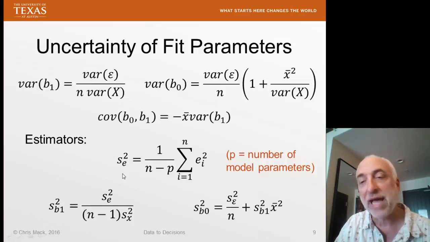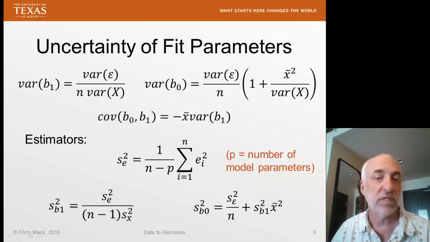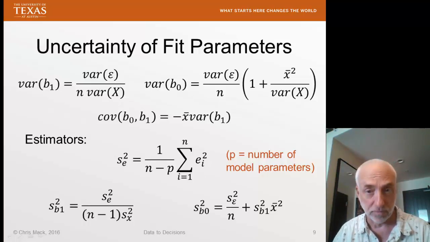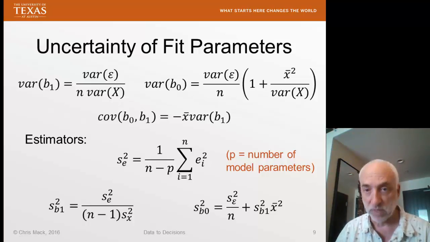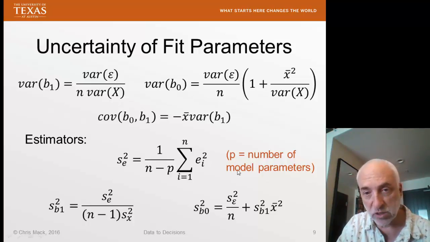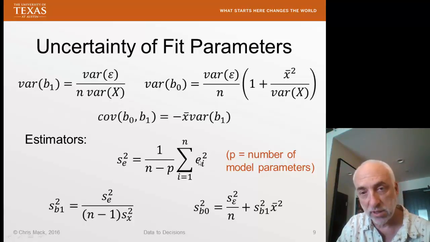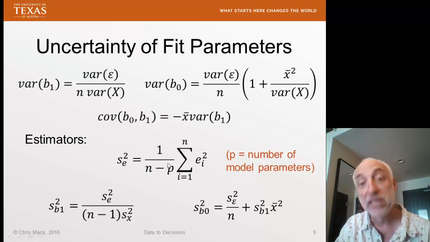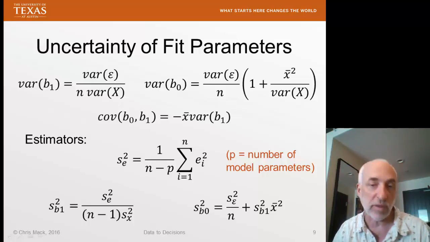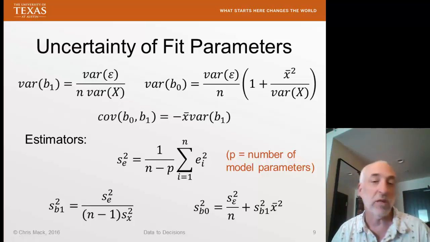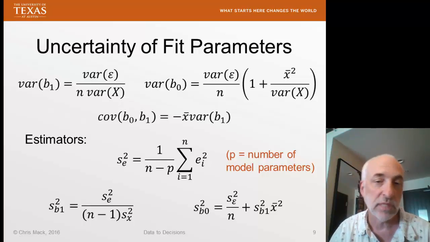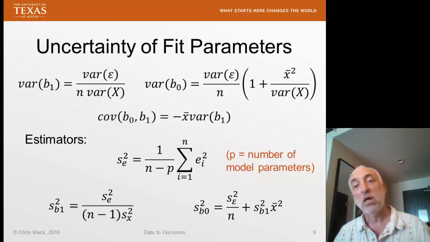So first of all, our estimate for this variance of the residual will be the standard variance equation. Sum the squares of the errors here, and then divide by n minus p, where p is the number of model parameters. Right? So n minus p is the number of degrees of freedom. If we only have two model parameters, then it's n minus 2.